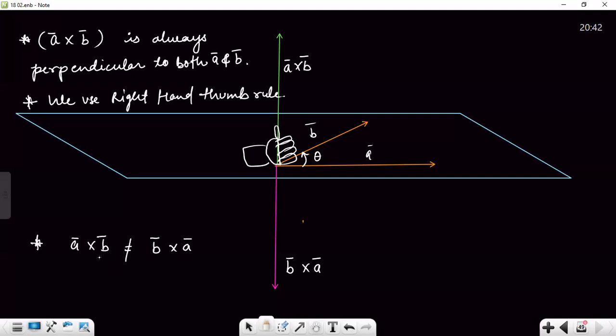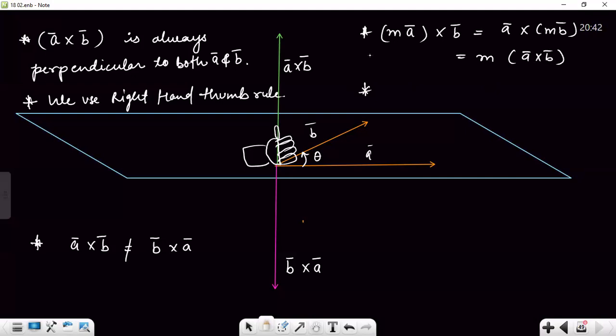What other properties are there? It is associative and distributive. There's no problem in that. Associative means M into A vector crossing with B vector is equal to A vector crossing with MB vector, or we may call it M into A cross B vector.